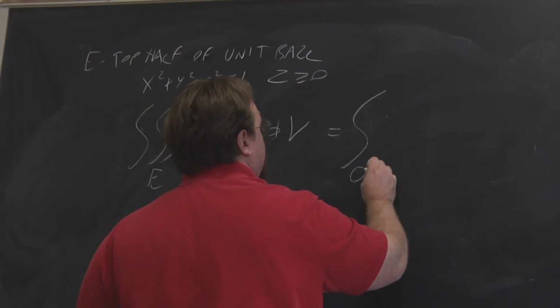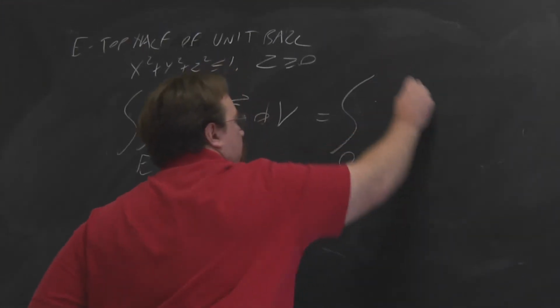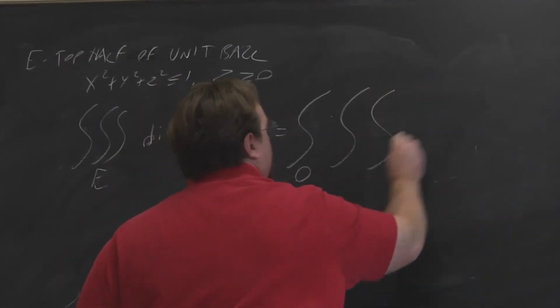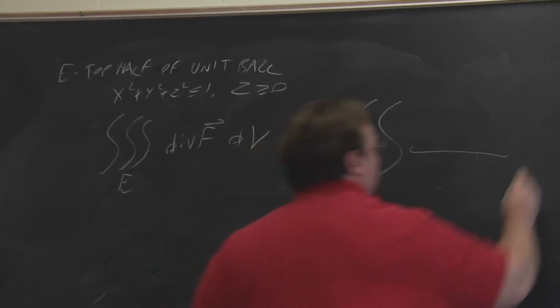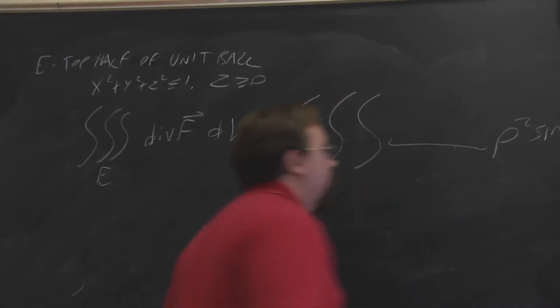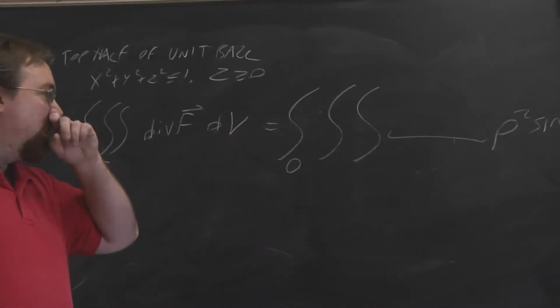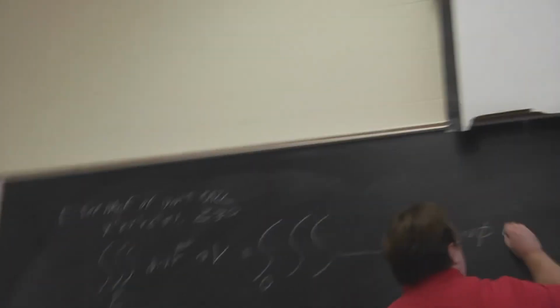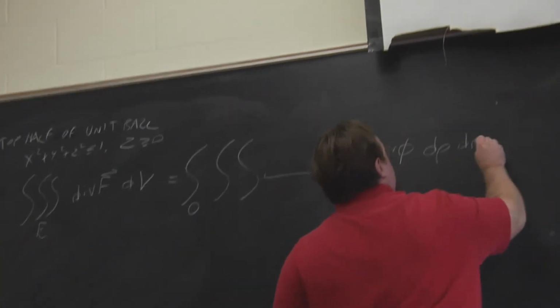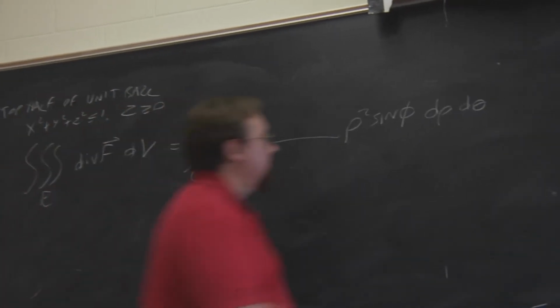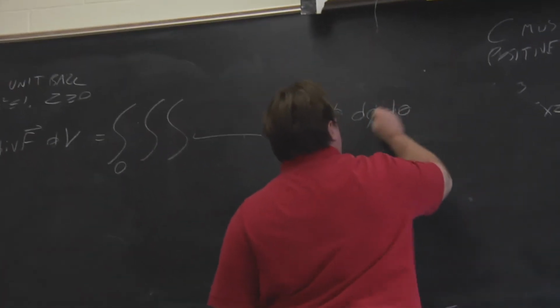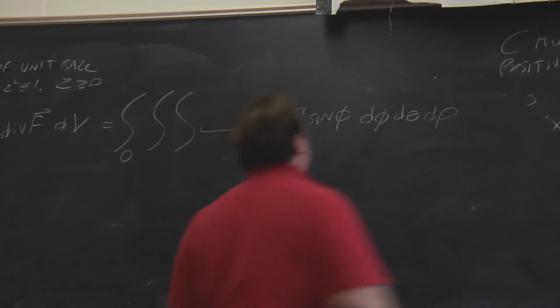We're going to have the divergence of f, which I'll fill in here in a moment. We're going to have our factor that we need to include from spherical coordinates. And then we have d phi, d theta, d rho. Make sure they're the same orders in the notes. Okay, actually, I do phi first.